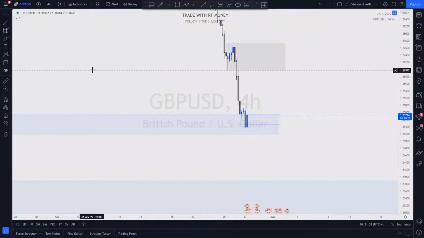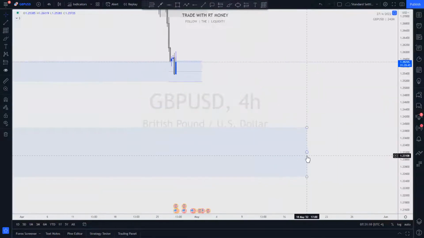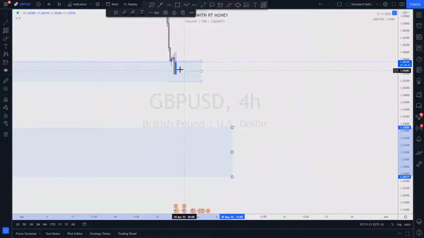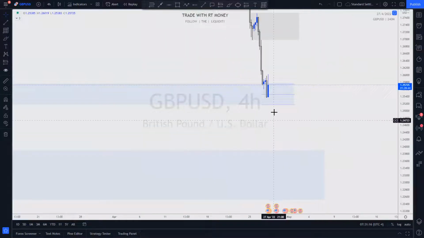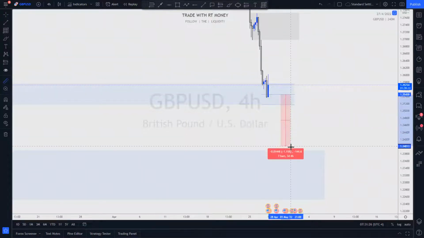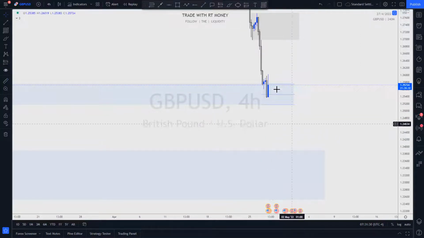Let's take a closer look. If price eats through this zone, we'll be waiting for it down here. If we take shorts here, this is where I would be targeting for TPs. That's like 150 pips, depending on where we get in.